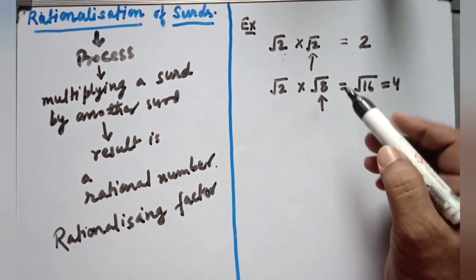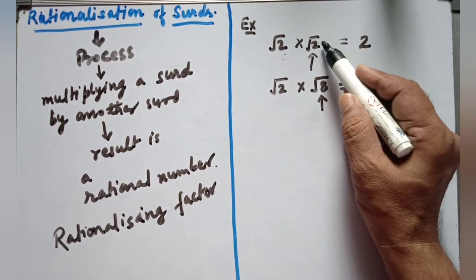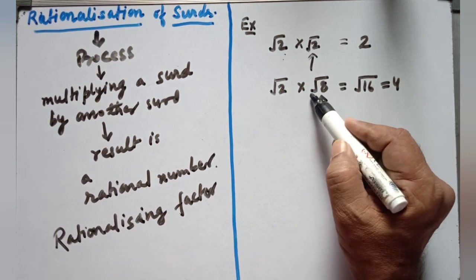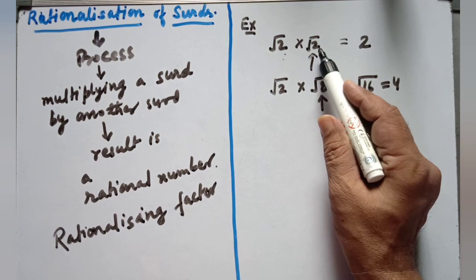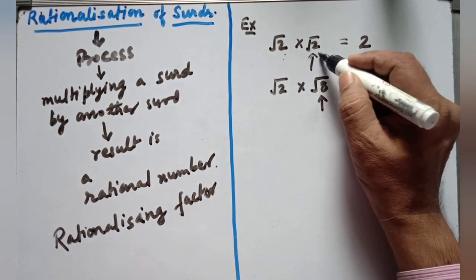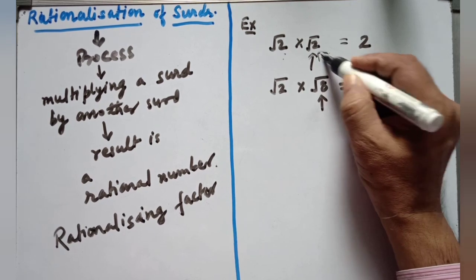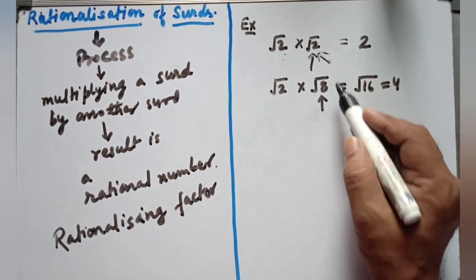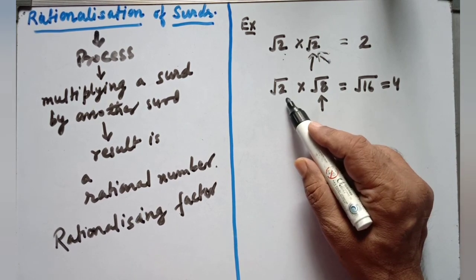But out of those, if we can factorize and get some number out of the root, that is not the simplest one. When we don't have that situation, then that is the simplest one. So root 2 is the simplest rationalizing factor, and root 8 is another rationalizing factor.